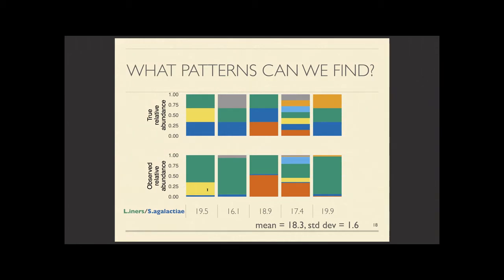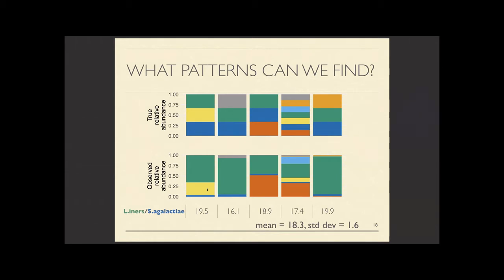There's some variation about this sort of 18-fold over-observance of Lactobacillus iners compared to S. agalactiae, but it's actually pretty small, a standard deviation of about 1.5 compared to an effect size mean of about 18.5. So that's encouraging and suggests that there's maybe something that is consistent about the relative abundance profiles, even when the remainder of the community differs across these samples.